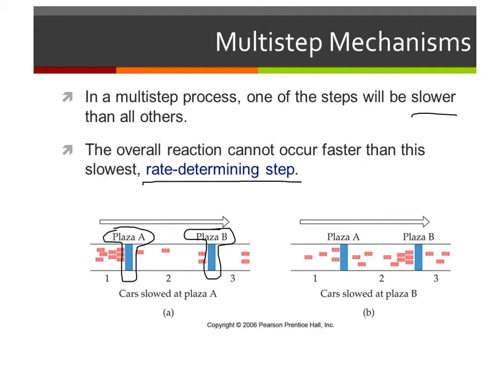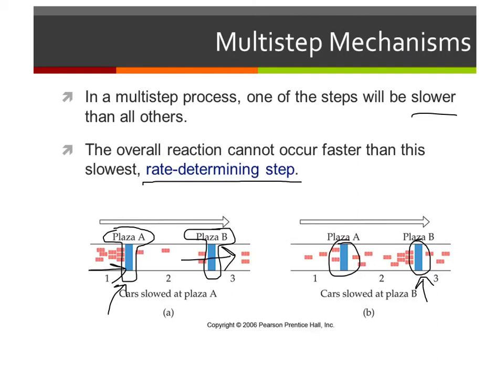Say, for example, the cars get slowed down at this first plaza here. Then the rate determining step depends on how quickly they get through Plaza A, because once they get through Plaza A, getting through Plaza B is really, really quick. Versus, in the second example, Plaza A is relatively fast to get through, but then Plaza B gets slowed up here.